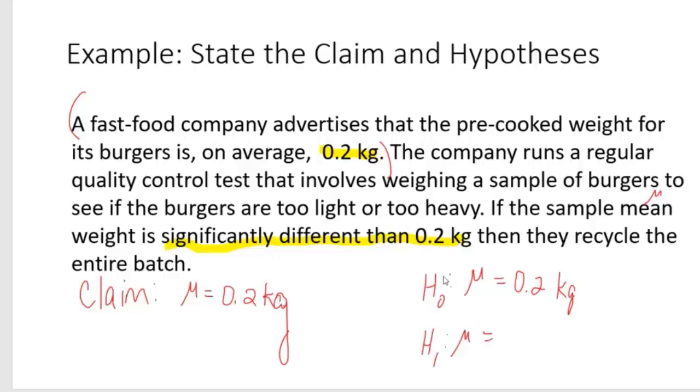And again, it didn't have to say higher or lower, so it's not necessarily greater than or less than. It is just different than 0.2. Okay? So the claim could end up being the null hypothesis, as we saw here, but it's not necessarily the null hypothesis. It can be the alternative.